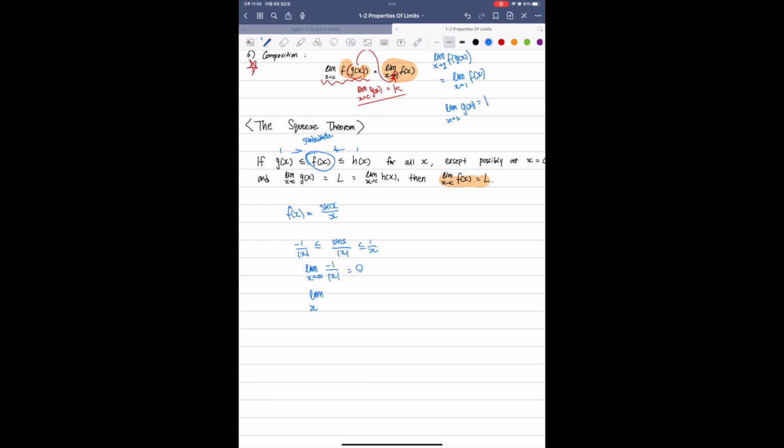And then we also know that the limit of 1 over x equals 0. Since the number that we want to find, the limit of sine x over x, is in between these two values, which are 0 and 0, by the squeeze or sandwich theorem, the limit of sine x over x equals 0.